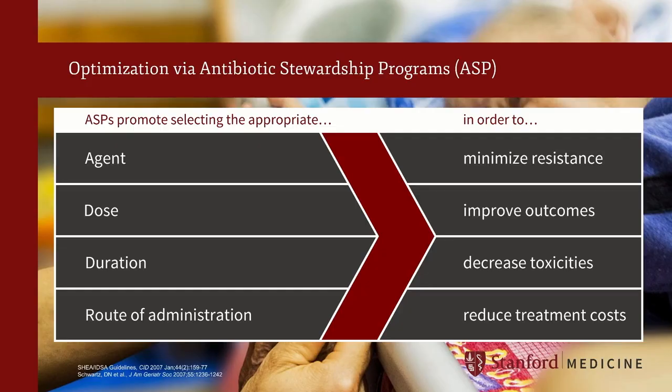The objectives of an antibiotic stewardship program are to optimize the utilization of antimicrobial agents in order to minimize acquired resistance, improve patient outcomes, decrease patient toxicities, and reduce treatment costs.